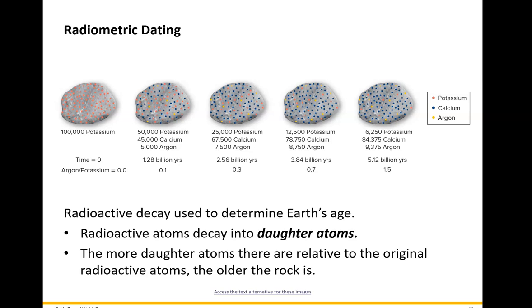For example, carbon. Carbon is always 6 protons, without exception. If it doesn't have 6, it's not carbon. But it can have different numbers of neutrons. Normally, carbon has 6 neutrons, so just normal stable carbon is called carbon-12.